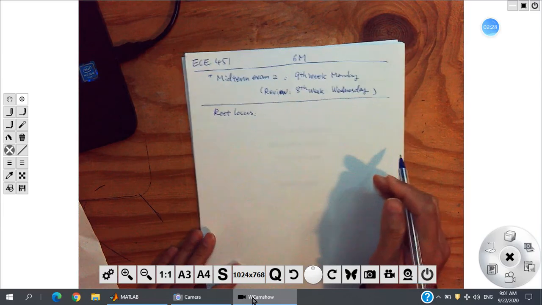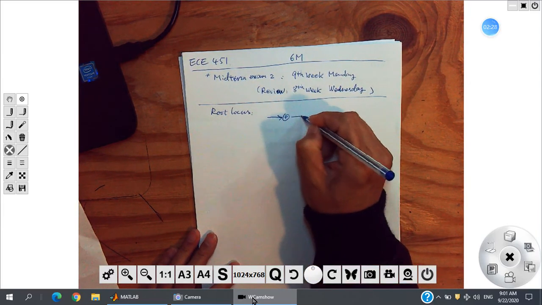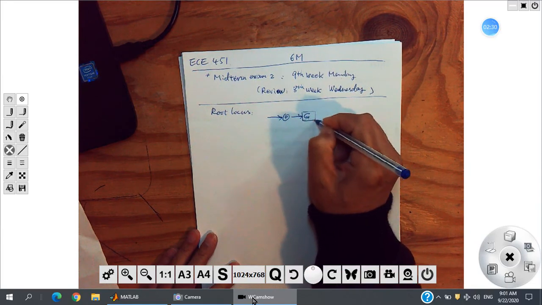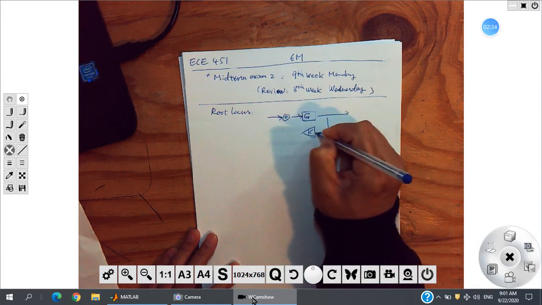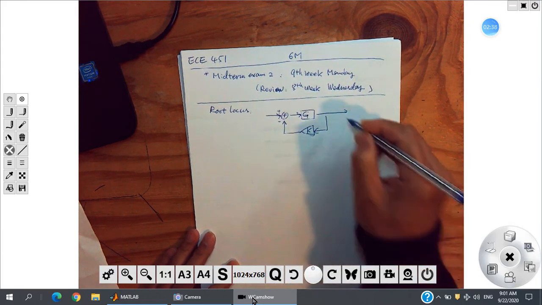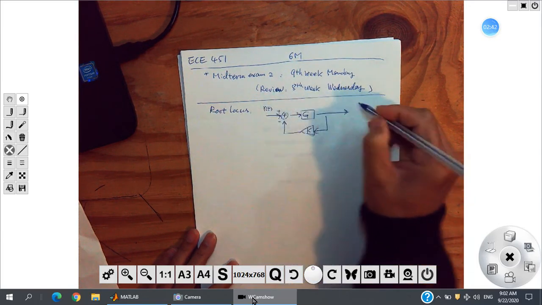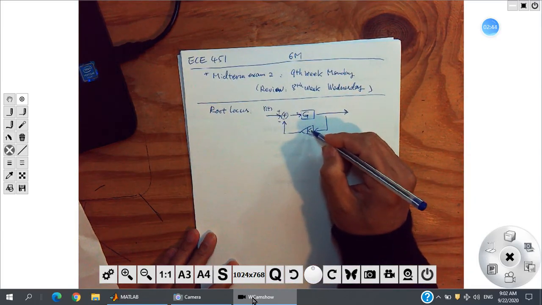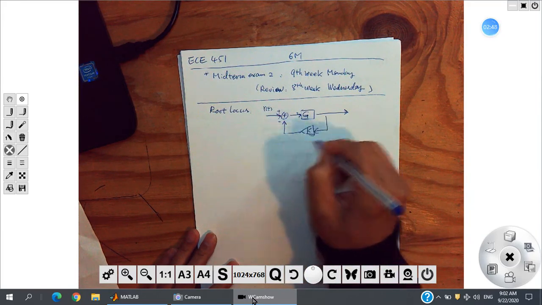So the problem is, suppose we have a feedback system. The structure looks like this. This is a form just for the root locus, right? If you want to consider a system where you want to change some parameter, then you need to rewrite the system this way.